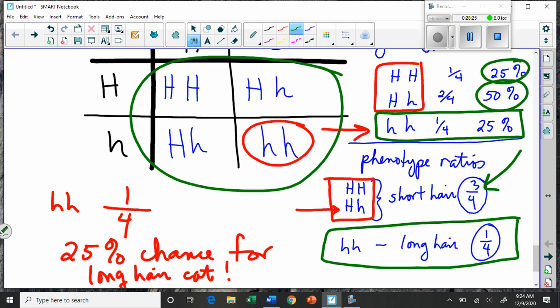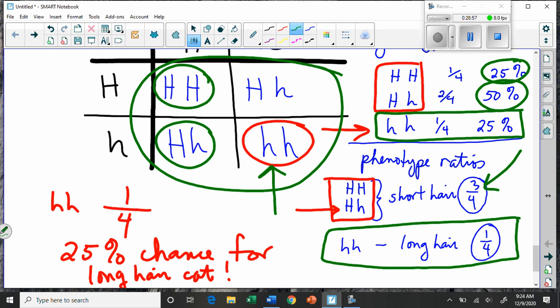It's still possible for this cat to have 4 babies and all of them have long hair, because it just happened to be this one 4 times. This combination over here just never actually made it in that particular fertilization. So this does not tell you exactly what the offspring will be. It tells you only the probabilities or chances for each individual offspring.